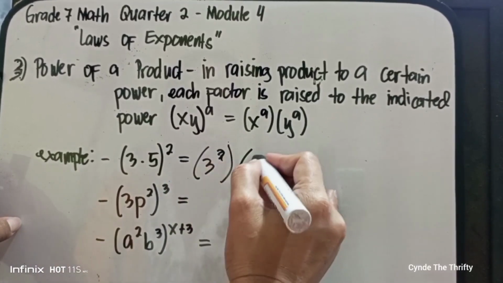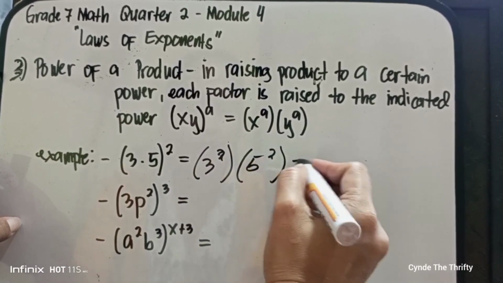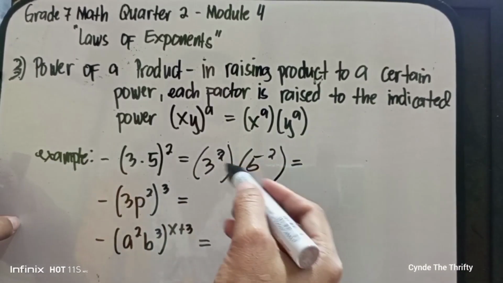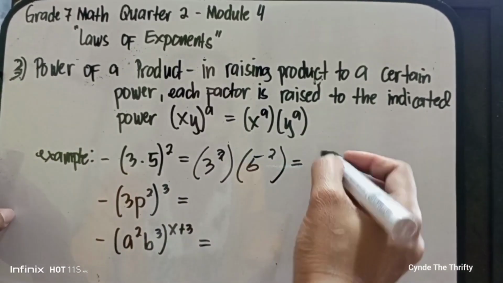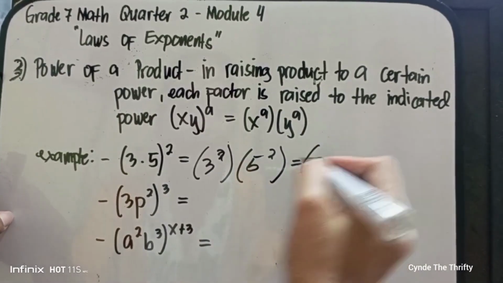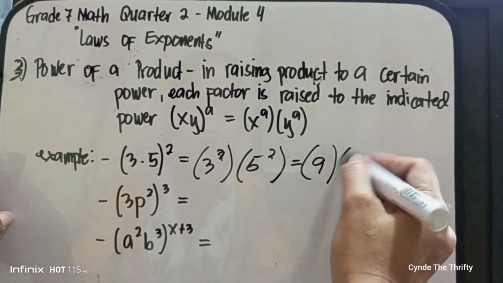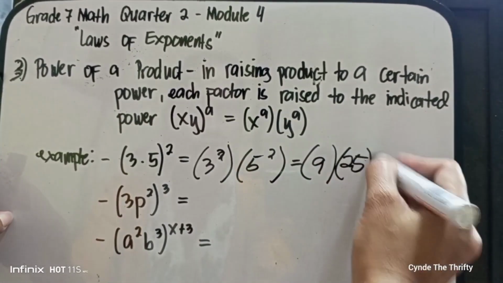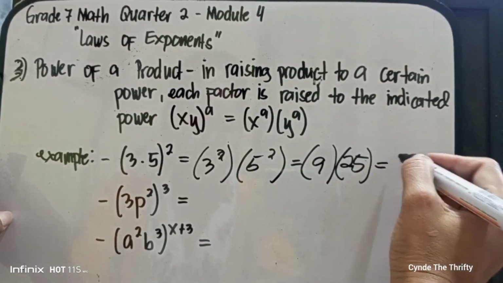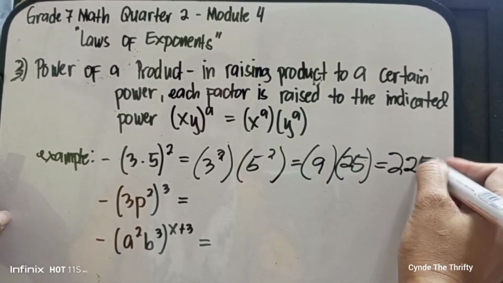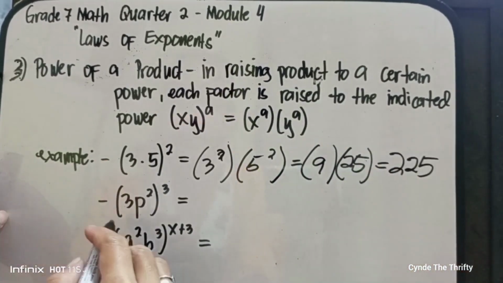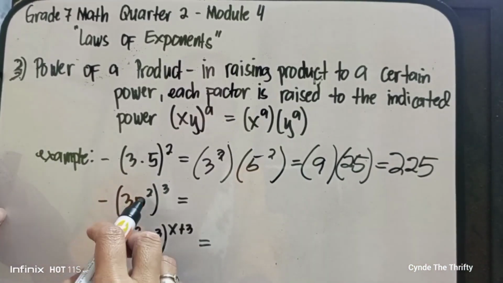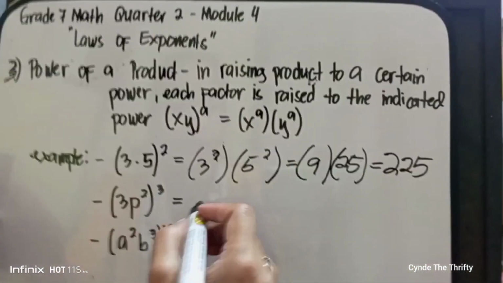multiplied by 5 squared. So, 3 squared is equal to 9. And 5 squared is equal to 25. And 9 times 25 is equal to 225. Next is 3p squared, cubed.